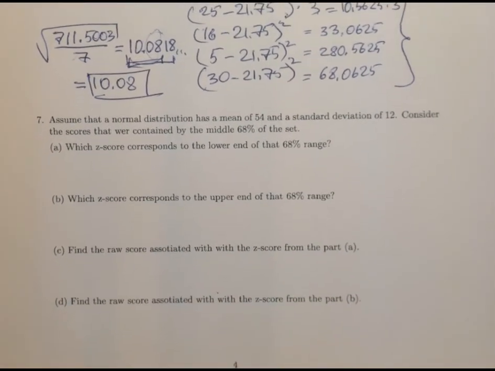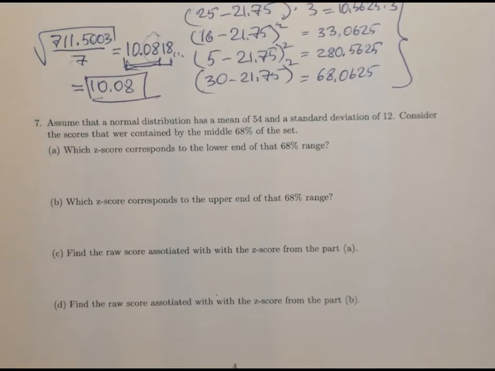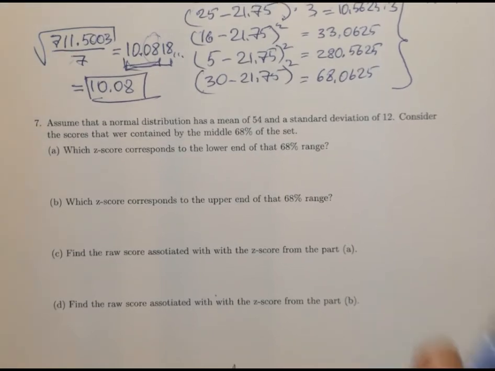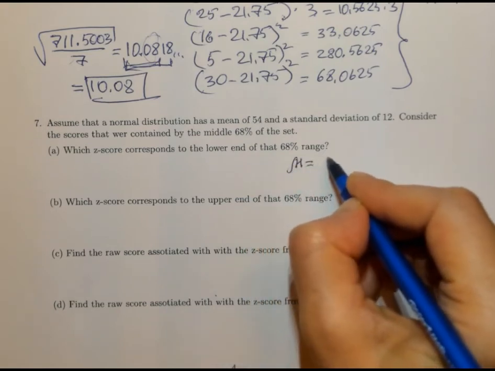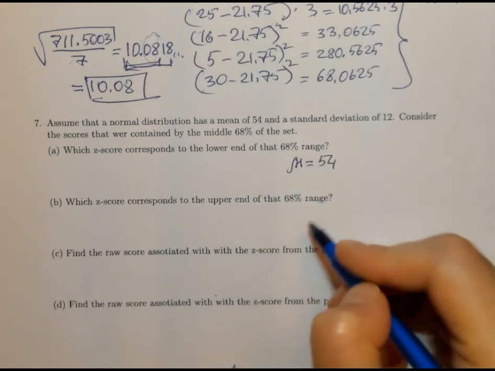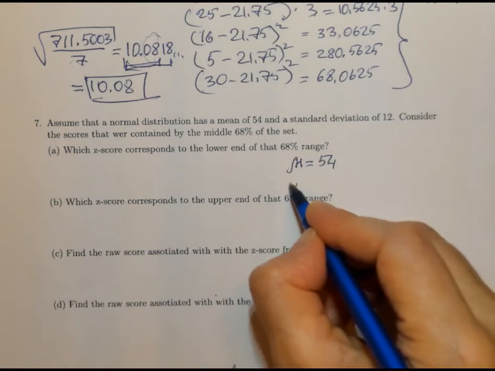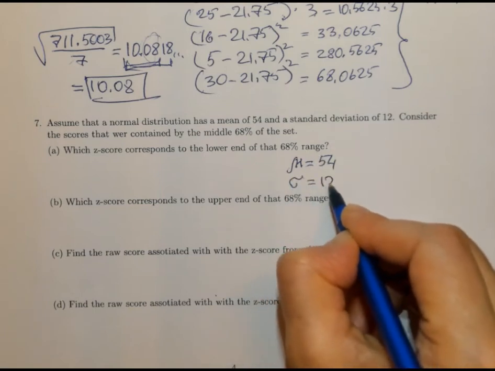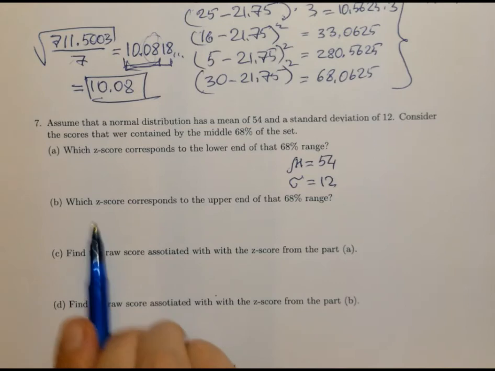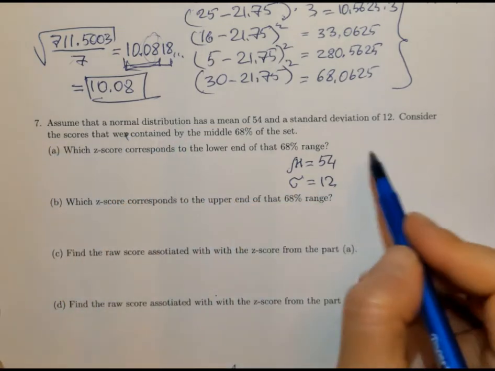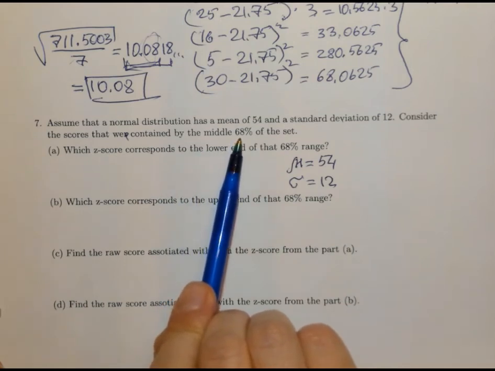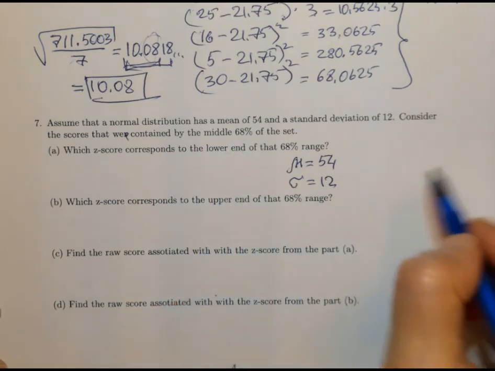The next problem, we have a normal distribution with a mean mu equal 54, standard deviation sigma equals 12. Consider the scores that were contained by the middle 68% of the set.